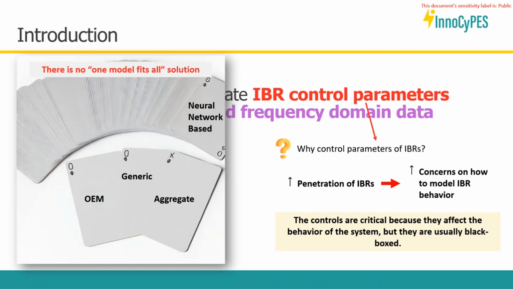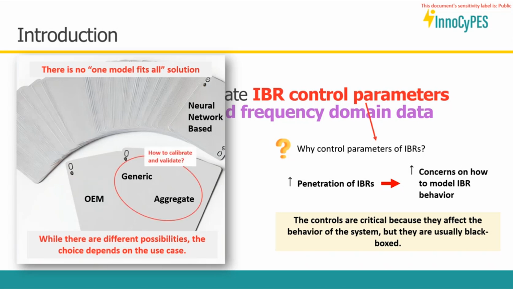There are also generic models and aggregate models, especially for bulky power systems, bigger systems in which you have many different units of IBR. How to put all of this together to conduct a study demands a lot of computational power. So while there are different possibilities, the choice depends on the use case.